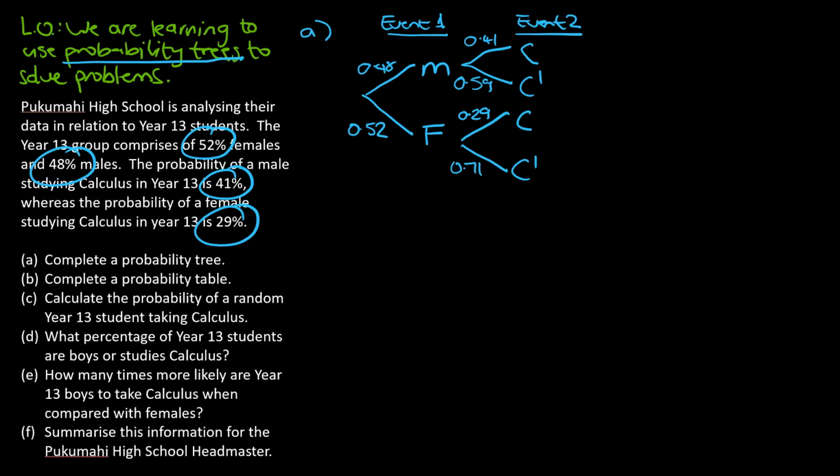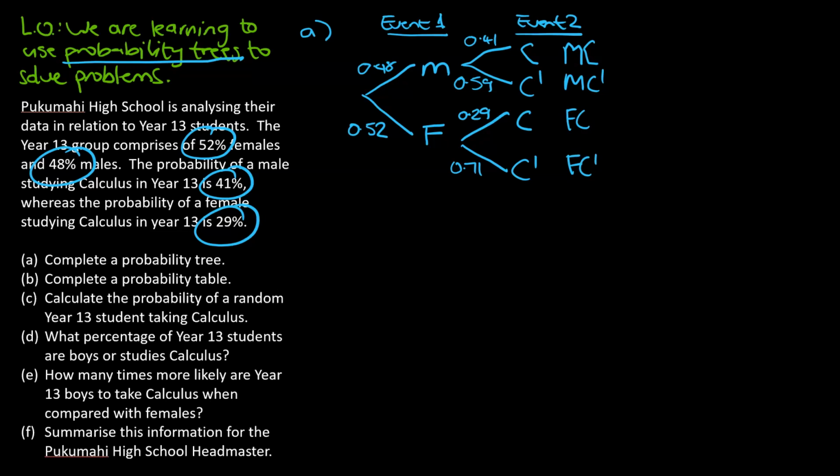We then need to consider all of the combinations. The first branch is the people who are male and study calculus. Then we've got male and not calculus, female and calculus, and then female and not calculus.